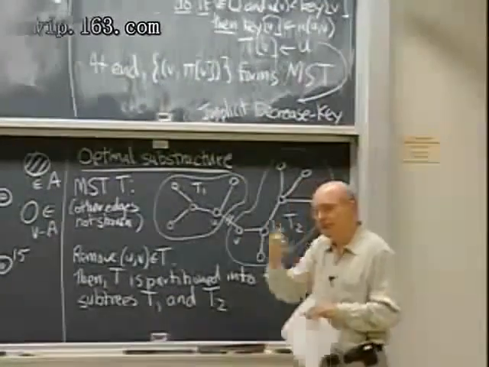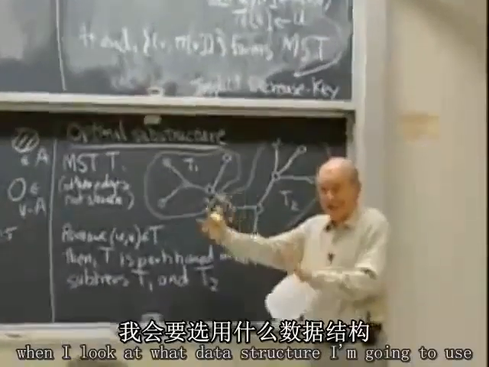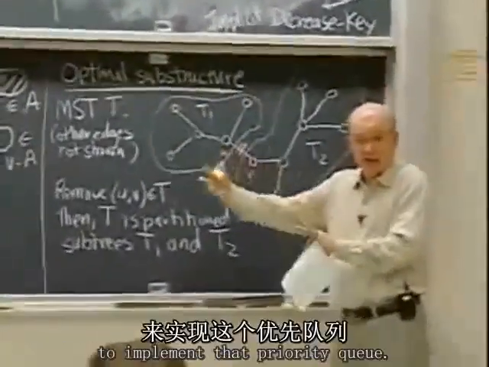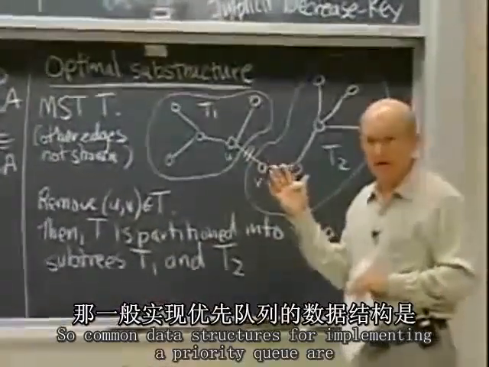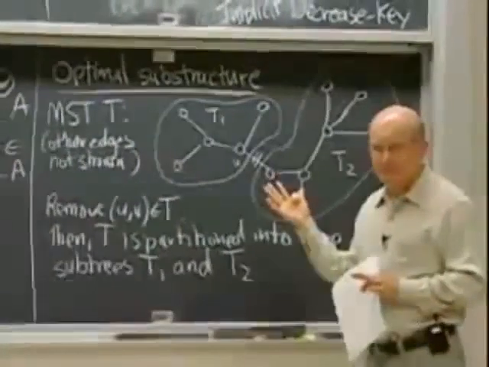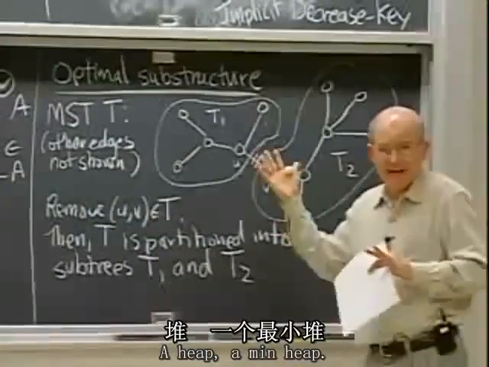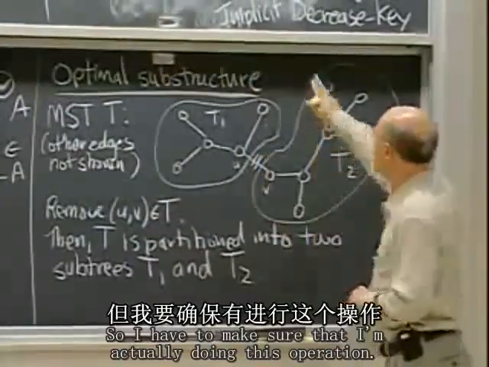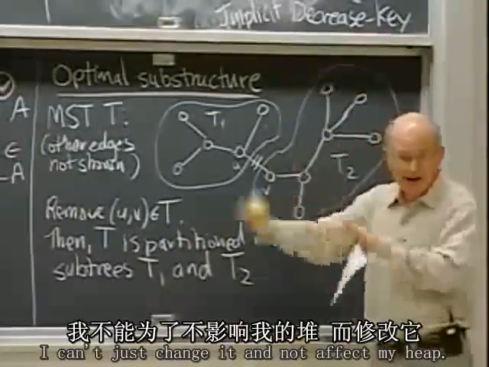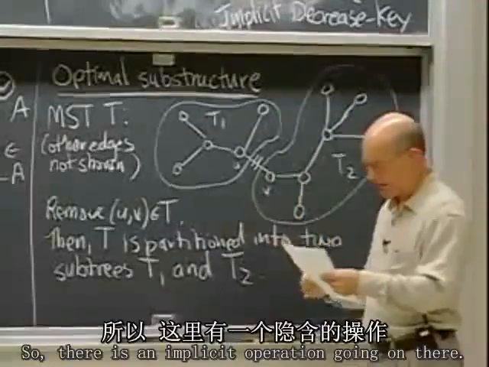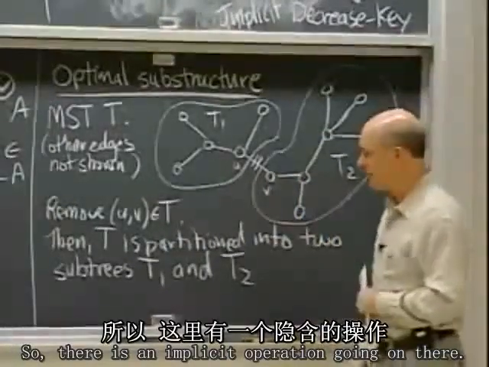And that's implicitly going on when I look at what data structure I'm going to use to implement that priority queue. Common data structures for implementing a priority queue are a heap, a min heap. So I have to make sure that I'm actually doing this operation. I can't just change it and not affect my heap. So there's an implicit operation going on there.